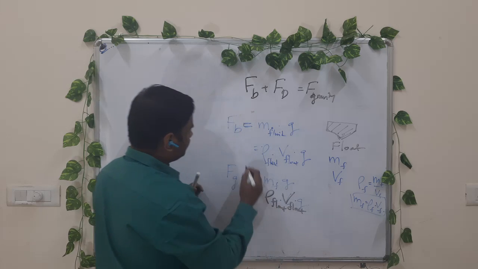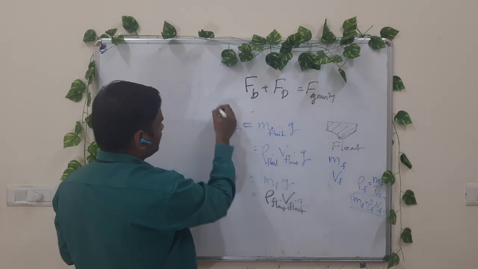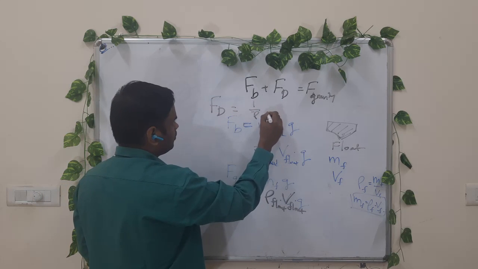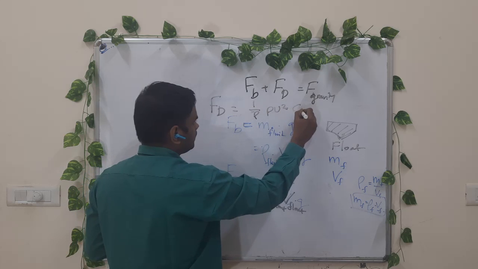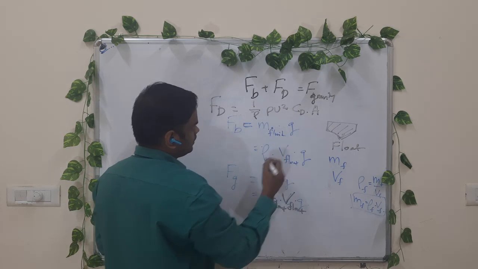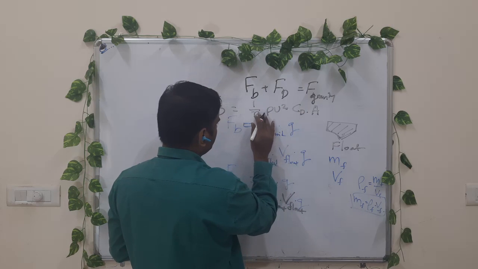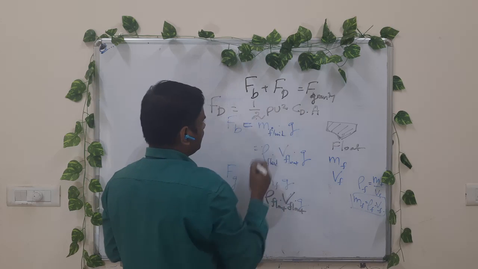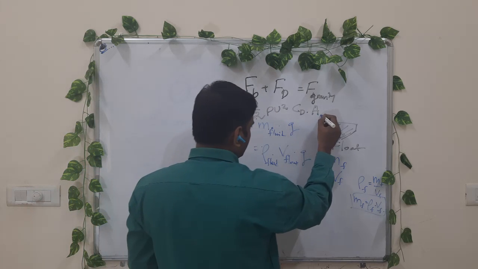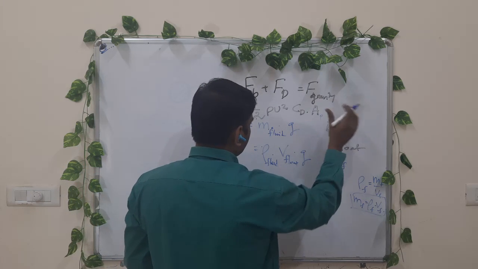Okay, now what is the drag force? Fd, we know that it is half rho v square CD into area. Rho v square CD AP, so that is the projected area, or you can say the area through which it is flowing.